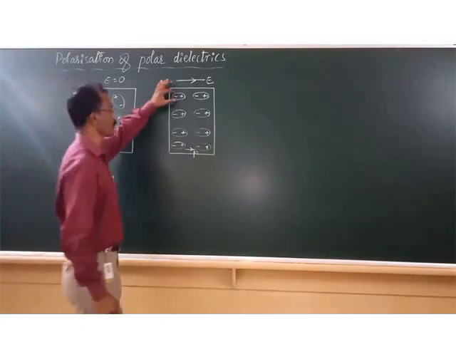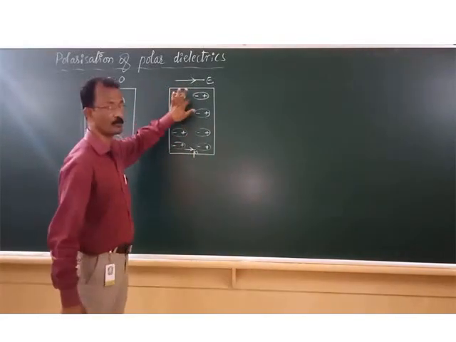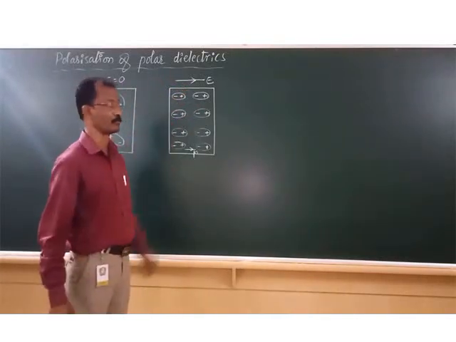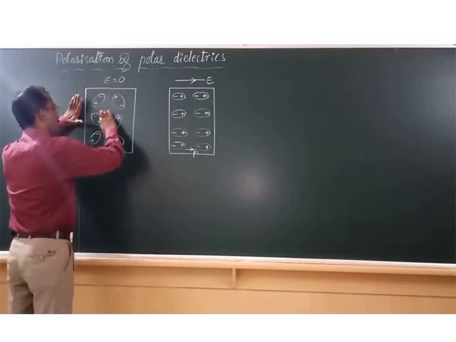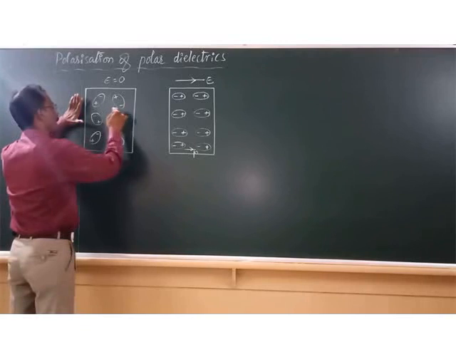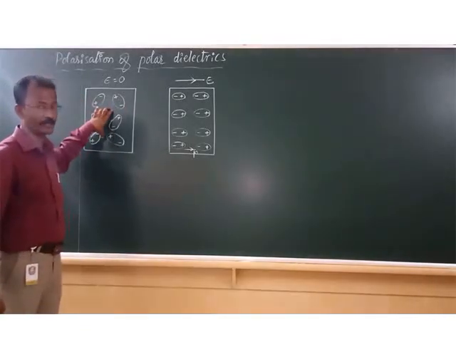Each molecule has a permanent dipole moment because these are polar molecules. But because of the random orientation of the molecules, the net dipole moment becomes 0.